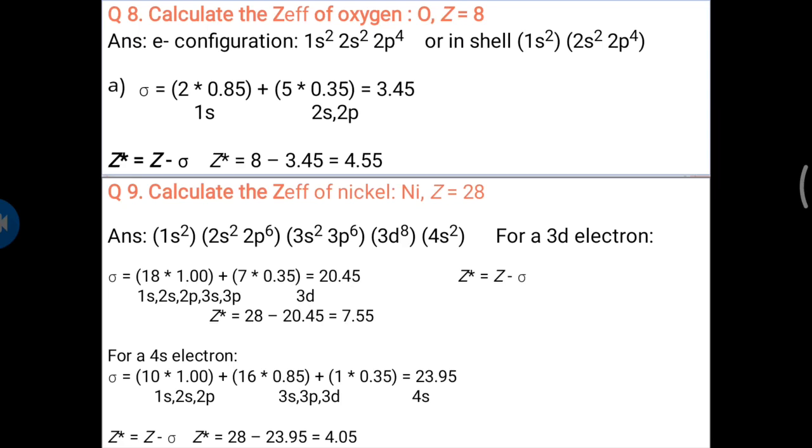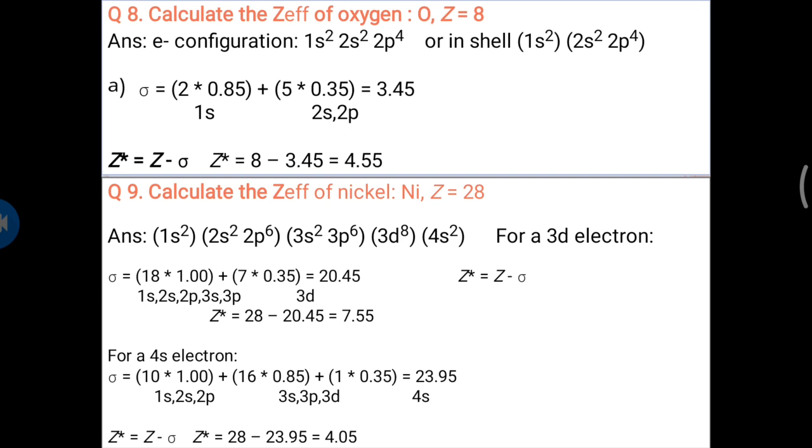Now calculate the effective nuclear charge of the oxygen atom. First, calculate the screening constant.